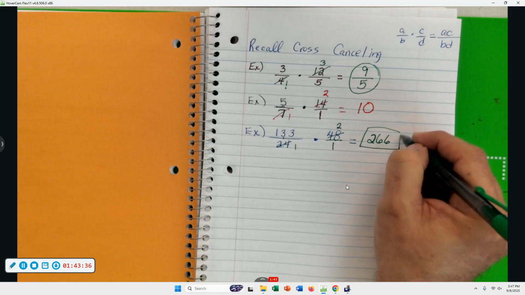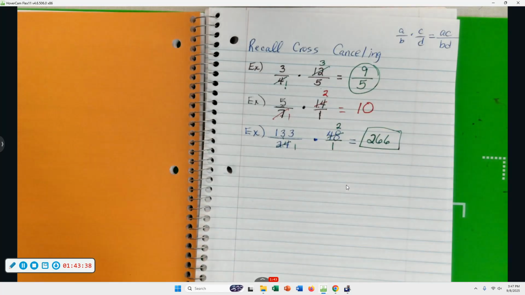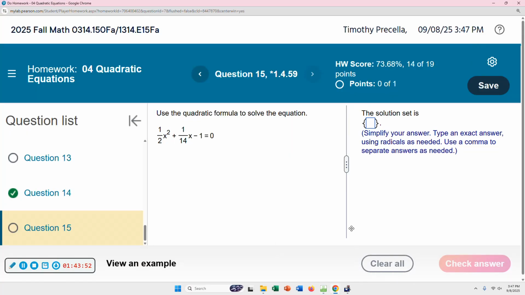When you're solving equations, you can always multiply both sides by any number you want, except for 0. If you multiplied an equation by 0, then all you're going to get is 0 equals 0. Why am I mentioning that? Like right here on number 15, I would prefer not to have A equals a half, B equals 1 over 14, C equals -1.